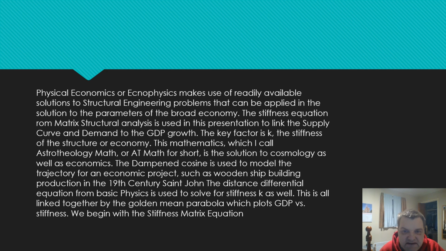The distance differential equation from basic physics is used to solve for stiffness, K, as well. This is all linked together by the golden mean parabola, which plots GDP versus stiffness. We begin with the stiffness equation matrix.